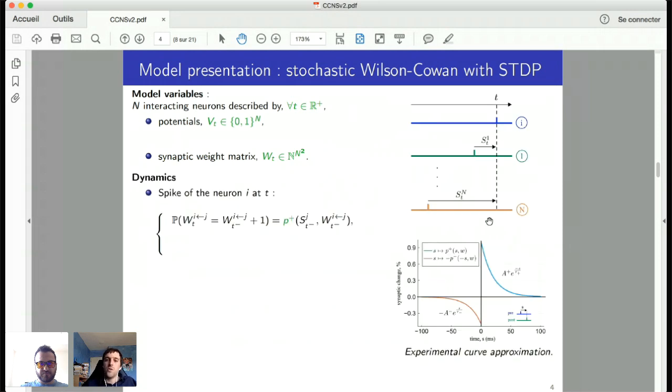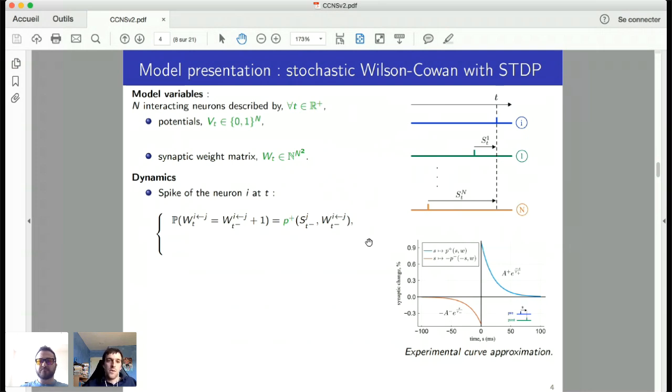So first, I will give the dynamic of the weights. It will depend on the time since the last spike of the neurons. At each time the neuron i spikes, all the incoming weights in the neuron i will have a probability to increase, depending on the S_j and the current weight value.